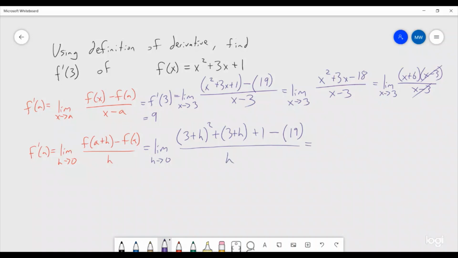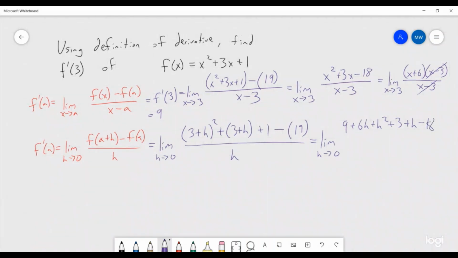So we expand that out, and we get the limit as h goes to 0 of 9 plus 6h plus h squared plus 3 plus h plus 1 minus 19 is minus 18, all over h.